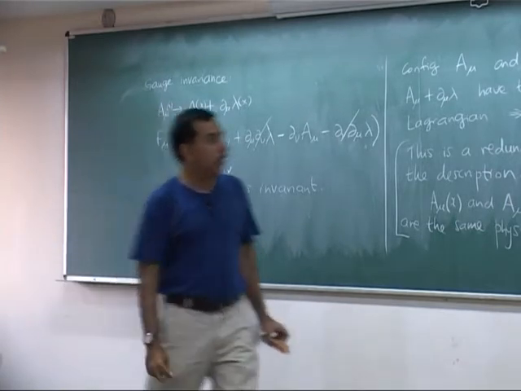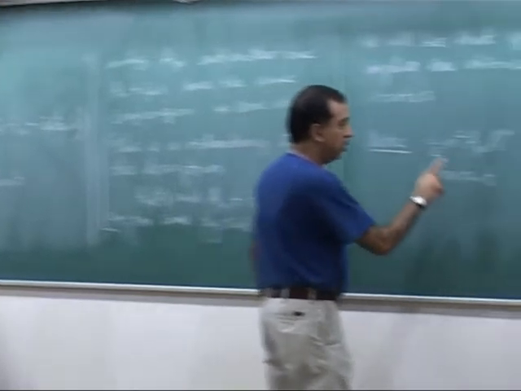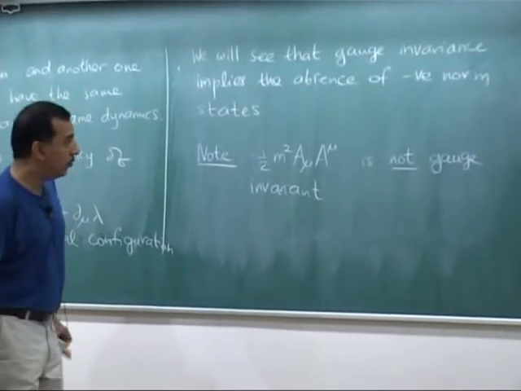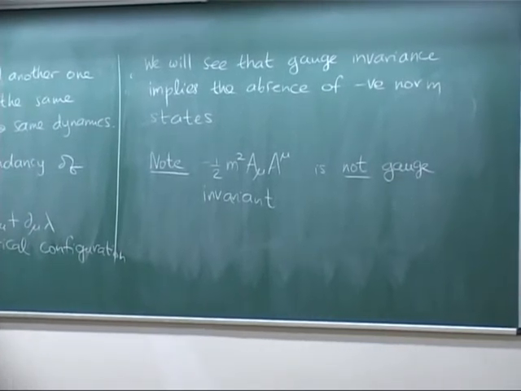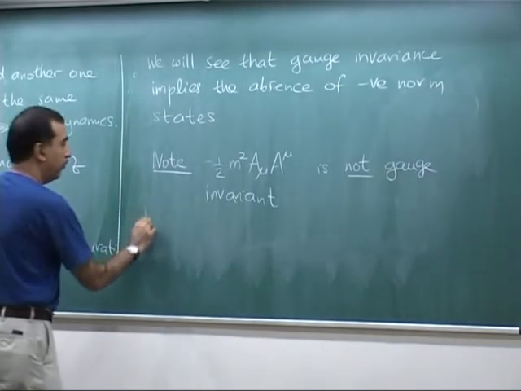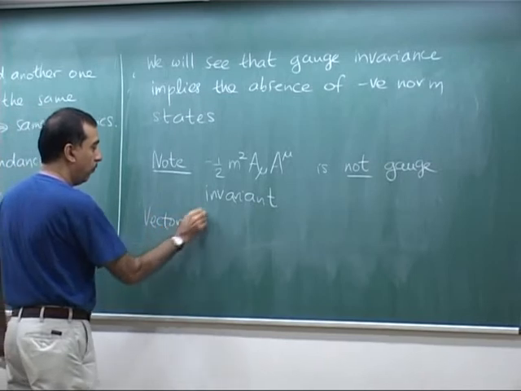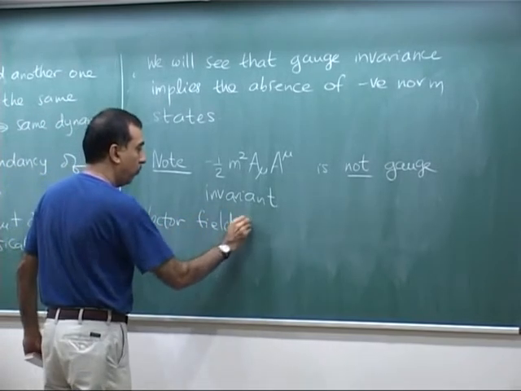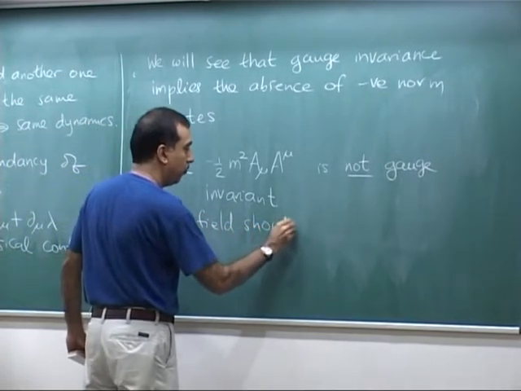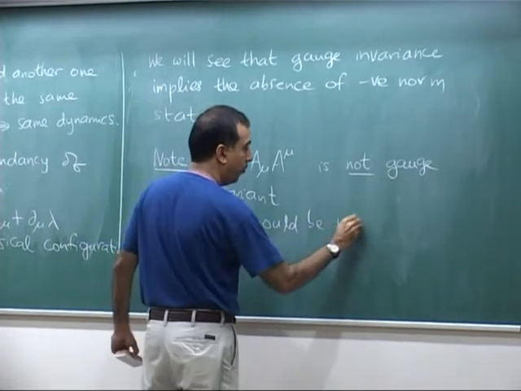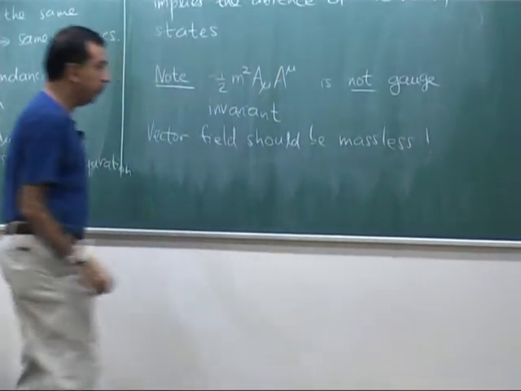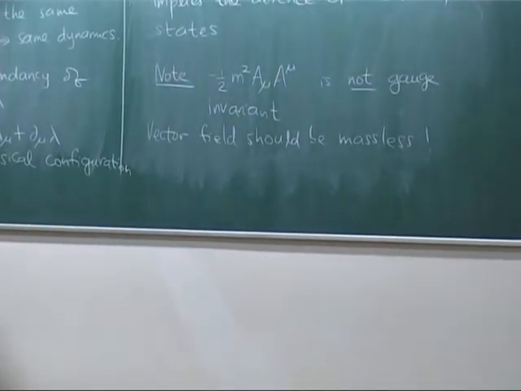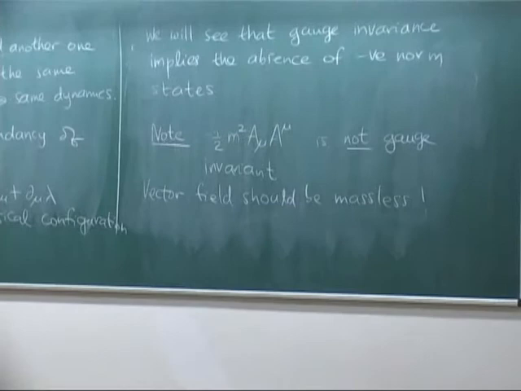Okay, so this is not gauge invariant, and because this is not gauge invariant, it suggests, though it doesn't prove as we'll see later, that the vector field should be massless. Now you see, this is an experimental prediction that can be verified.